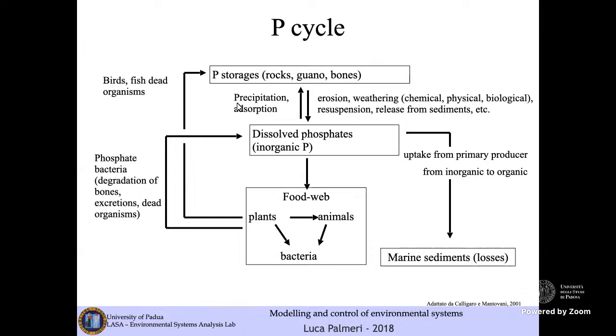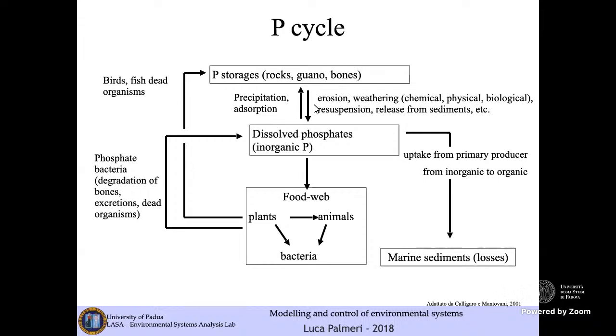We have an equilibrium between erosion or weathering, which are chemical, physical or biological processes, and cause a resuspension, that is a release of phosphorus from the sediment into the aquatic quota, into the water column.